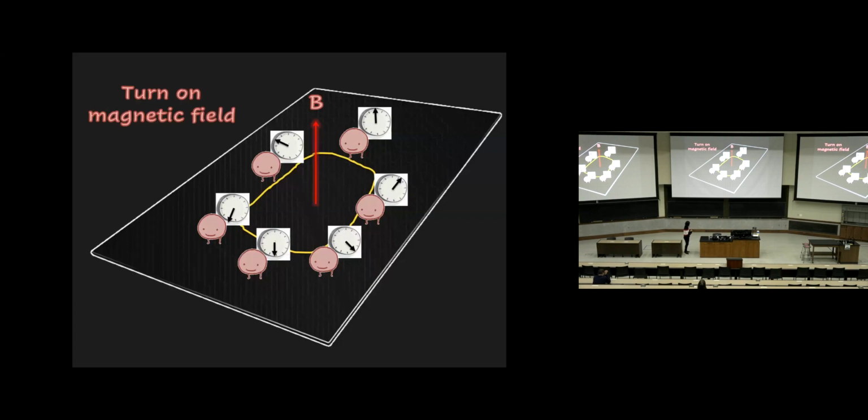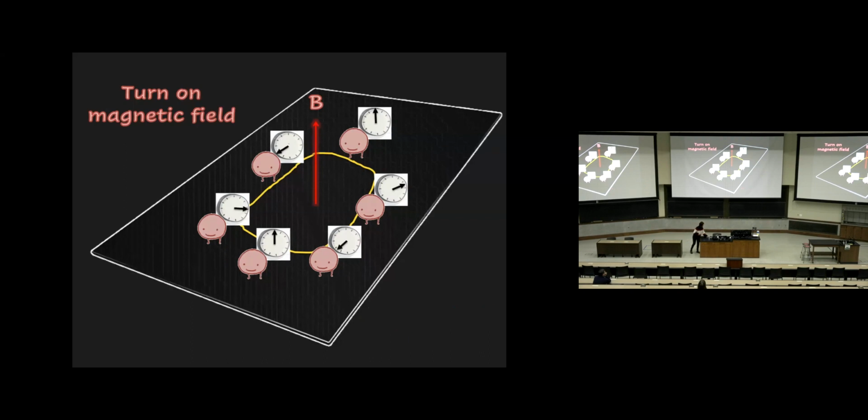Now, what happens if I turn on the magnetic field? If you focus on where the hand is pointing, you see now it rotates once as you go around that yellow path loop. And this is a situation where we call it topological.